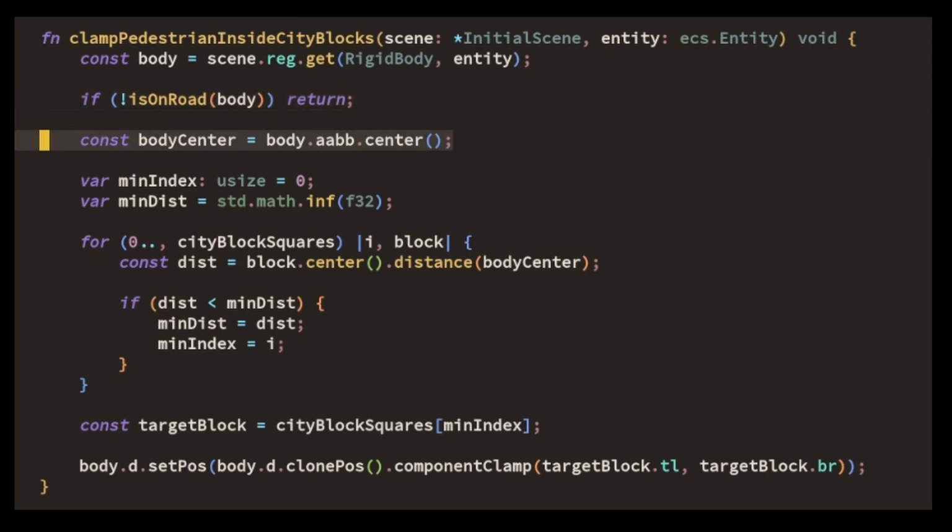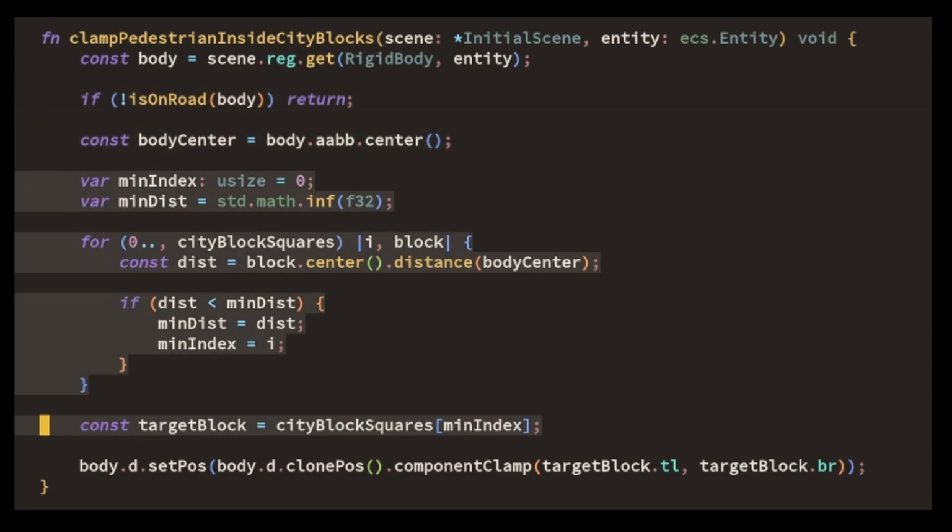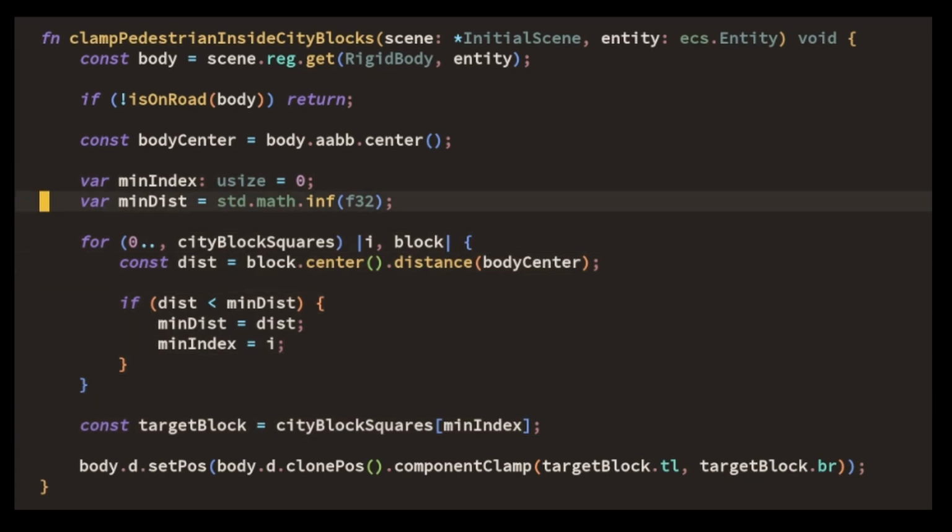We get the body center of the pedestrian. The next thing we're going to do is find the block which is closest to the pedestrian. First we have these variables which keep track of the one block that has the minimum distance so far. Then we loop through all of the city blocks.